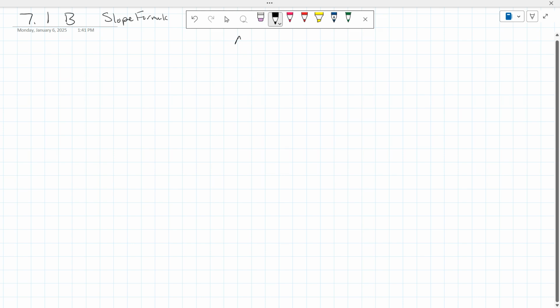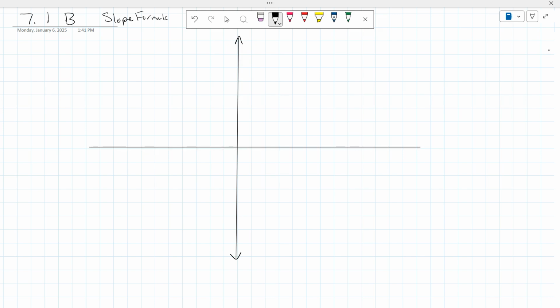Okay, so we're working on slope. If we're right here, and we're right here, we can find the slope of this line, right? We just count how far up, how far over. So this point, what is its ordered pair? An ordered pair is its coordinates, where it's at on here.